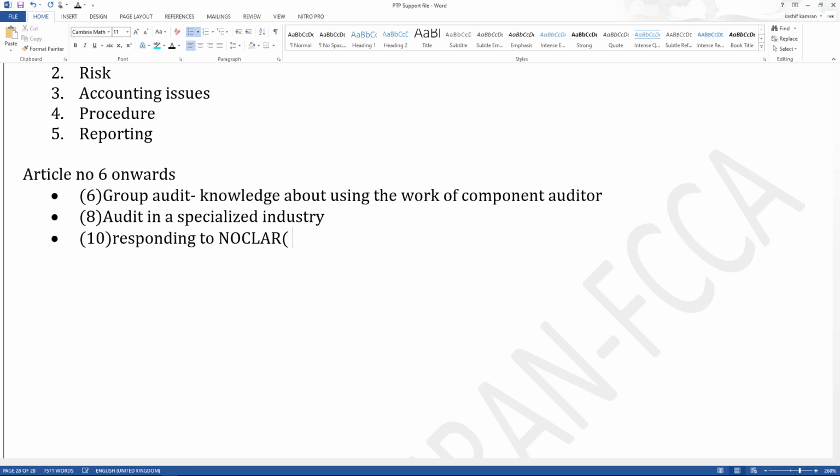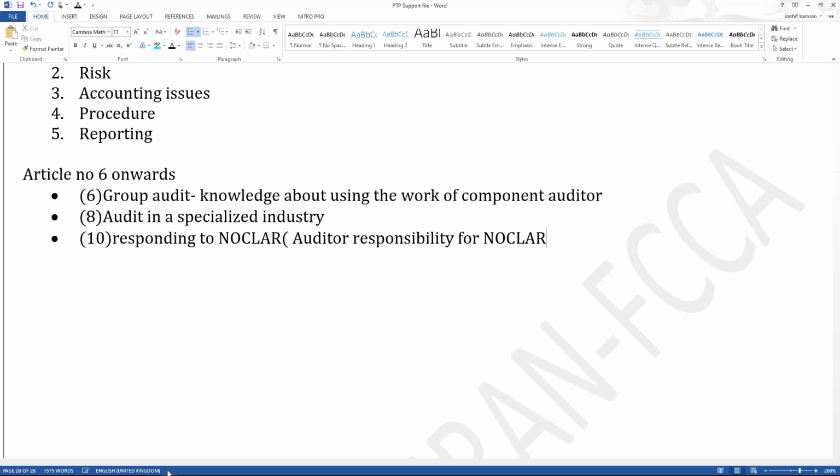What you should know from this article is the auditor's responsibility for NOCLA. If you are auditing a company and you find non-compliance with laws and regulations, what will you do?